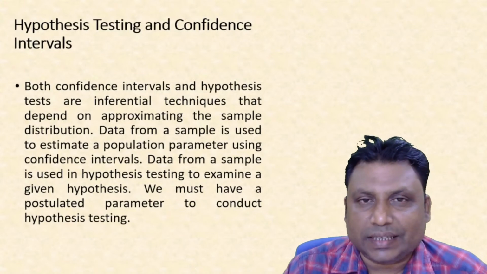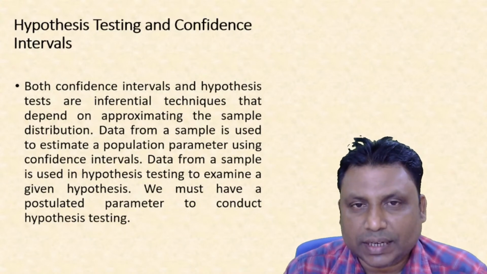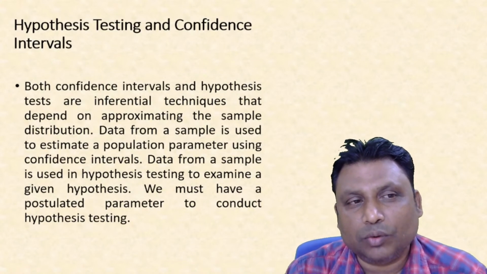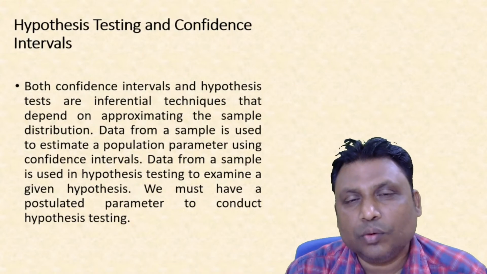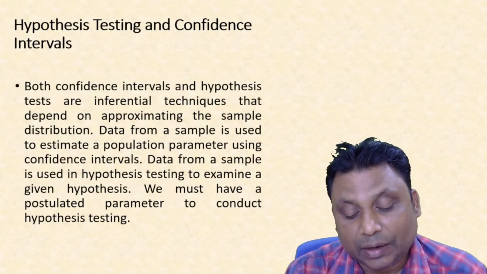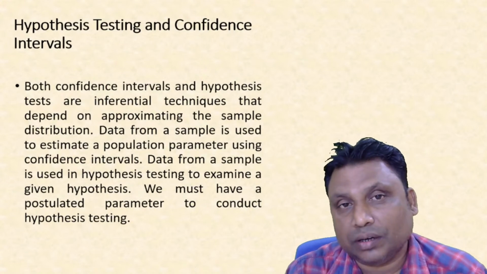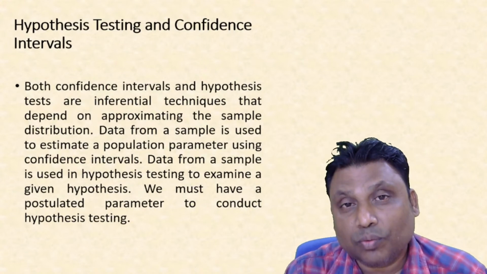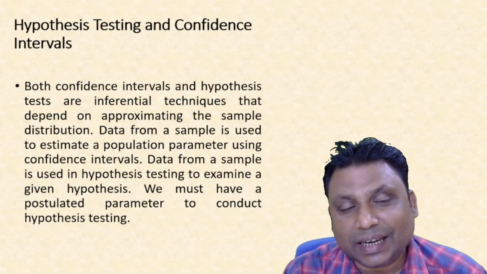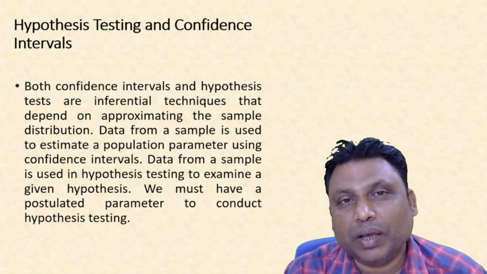So in these three cases, when we are using the testing approach, one is the Z test, one is the T test, and one is the chi-square test. After we calculate the values from this test and compare with your tabulated value for the acceptance or rejection of the hypothesis, at that time we need some values.